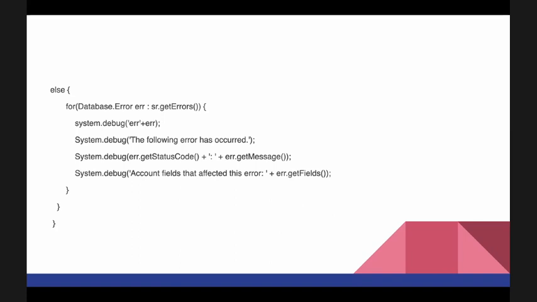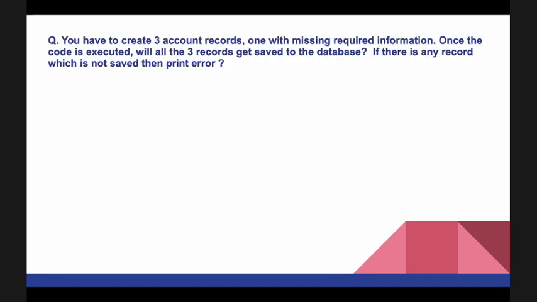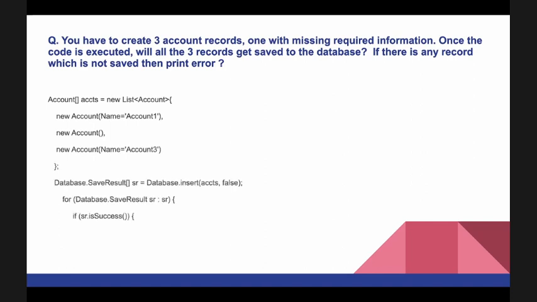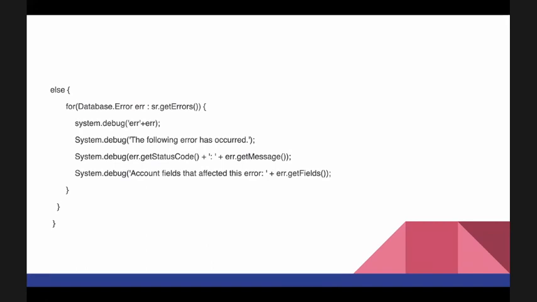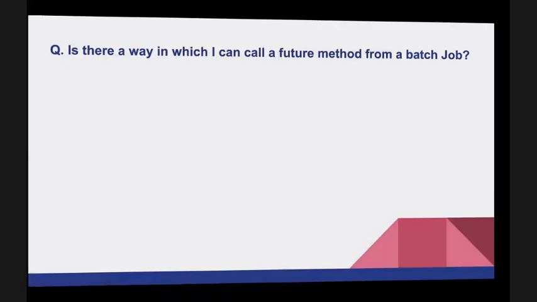And in the last part, in that debug statement, we are getting the error message. So that's how it is. The Database method is very important. Make sure in this kind of situation, whenever we want to print results while doing DML operations, if there are any errors, we use it.